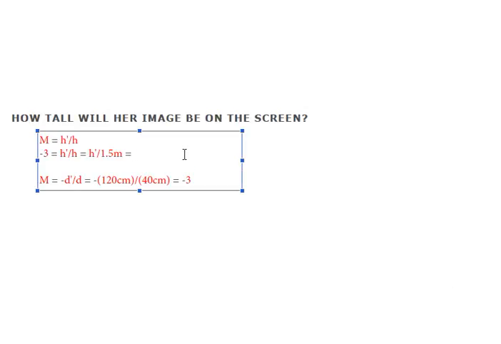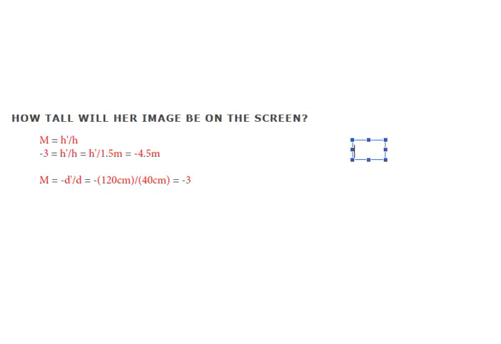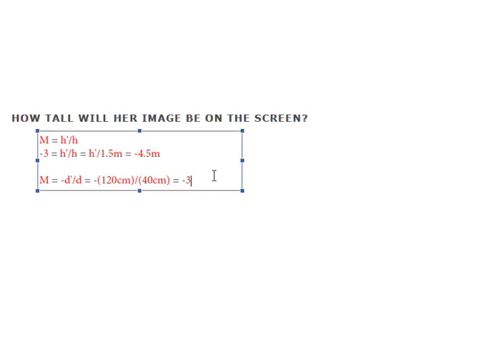So -3 times 1.5 is -4.5 meters. So when the question asks how tall will her image be on the screen, really that's just asking for the height. So we know it's going to be 4.5 meters tall, but from our answer we also know since it's negative, it will be upside down.